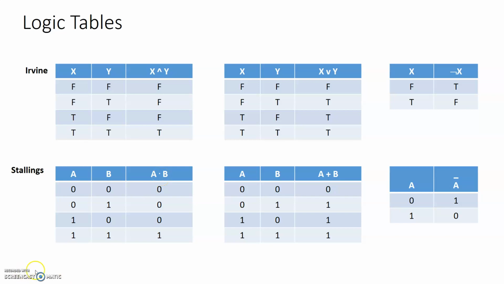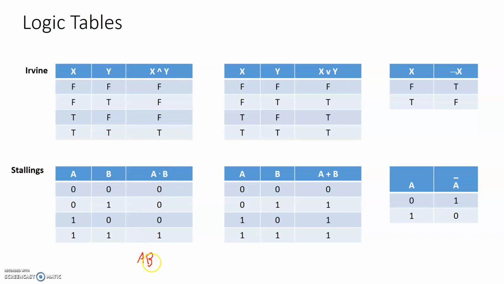Sometimes the Stallings author will just write AB, and we're supposed to know that AB is not a single variable with 2 letters. It's A and B. So the Stallings book has the and that is either the dot or the implied dot.